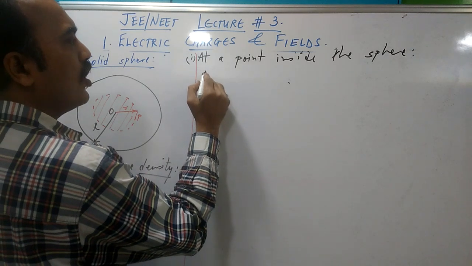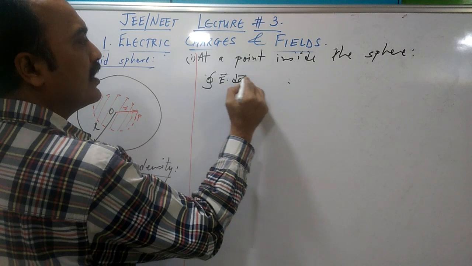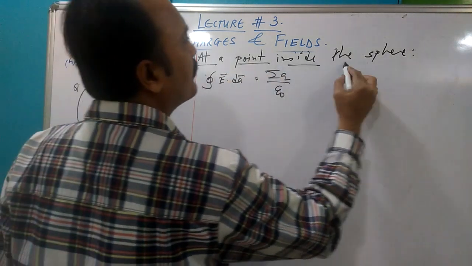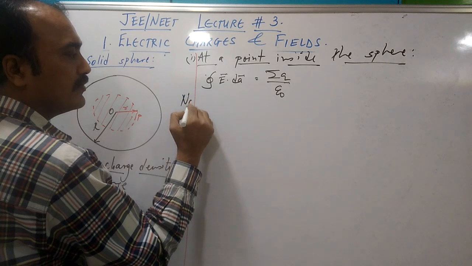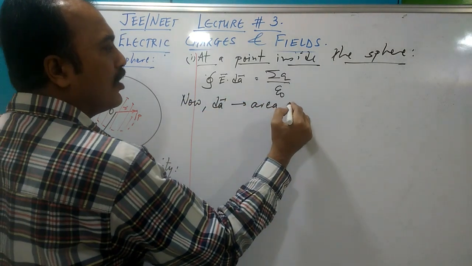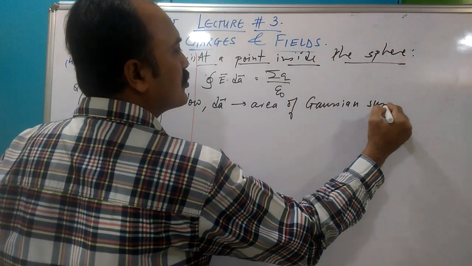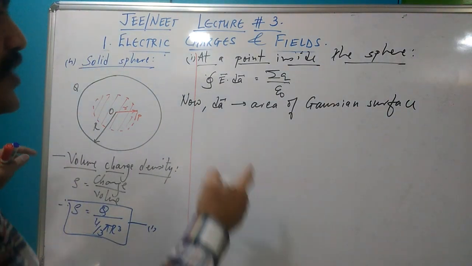Now, by Gauss's law, integral E bar dot dA bar is sigma q by epsilon 0. Those people who were not there in the doubt lectures will find this useful. Now, dA bar is the area of the Gaussian surface. This is also going to be a bit important for the numericals that I'm going to solve later on.